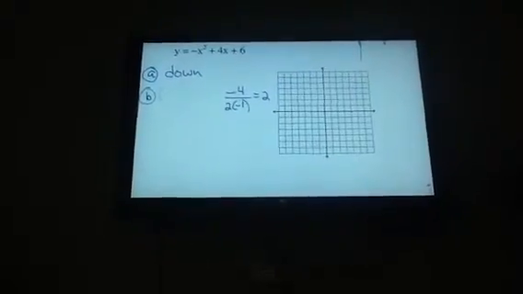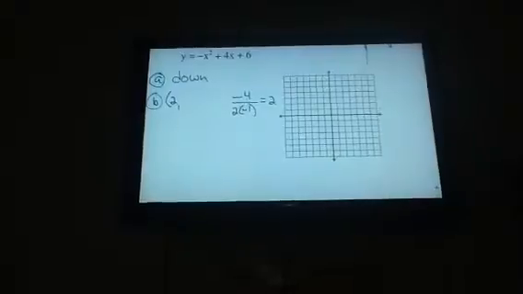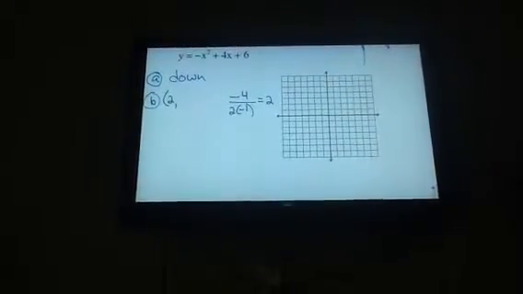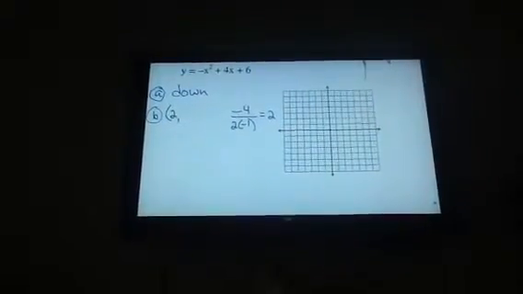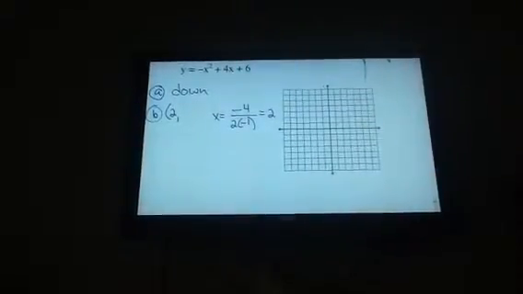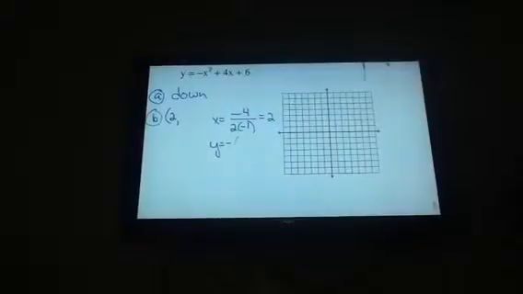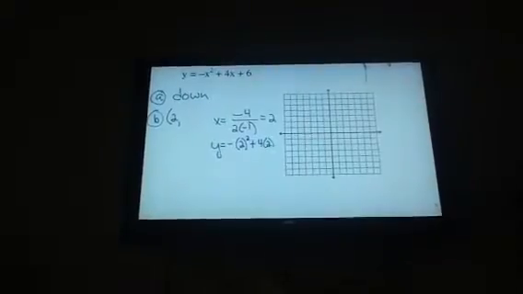That's the x value of the vertex. To calculate the y value of the vertex, you punch into your calculator. So this is my x, and then my y is going to be negative, parentheses, 2 squared plus 4 times 2 plus 6.